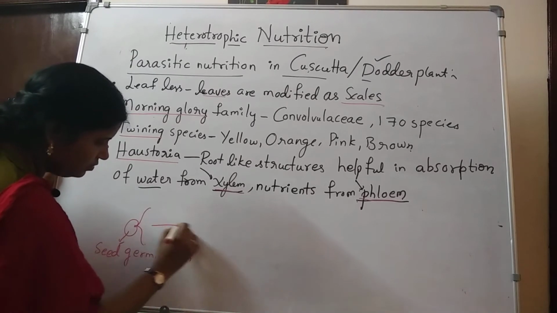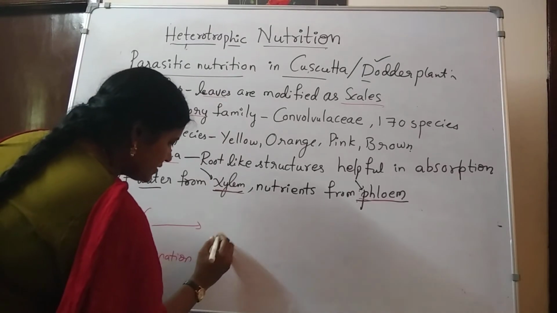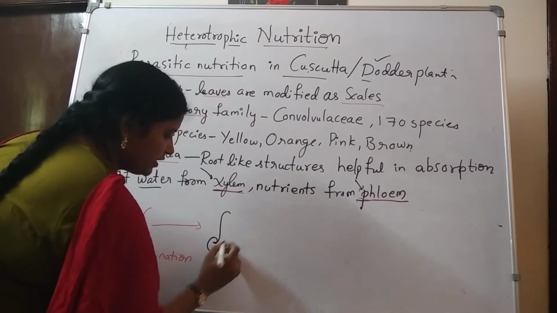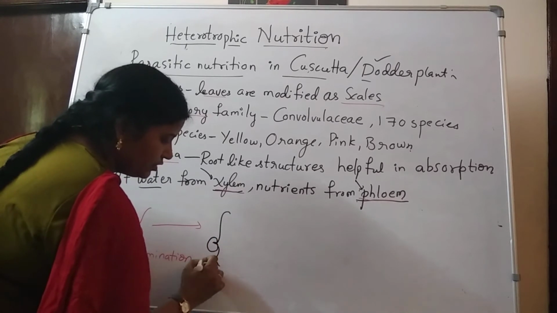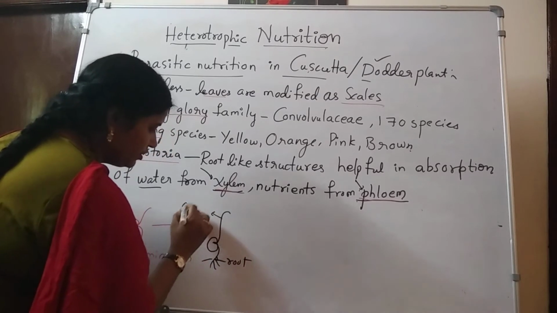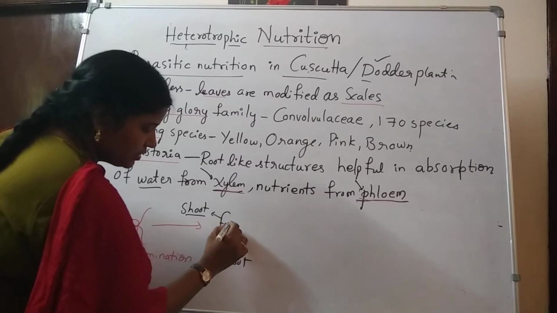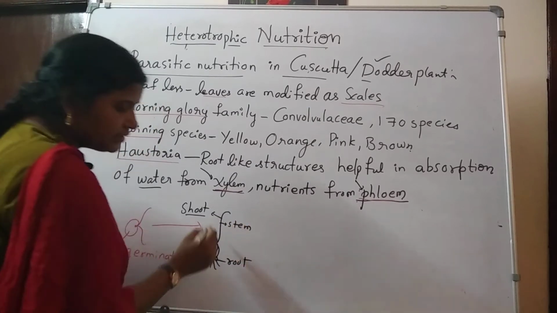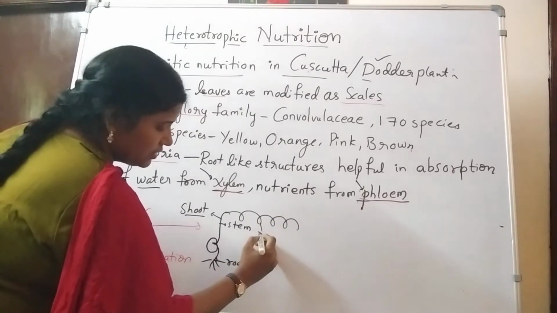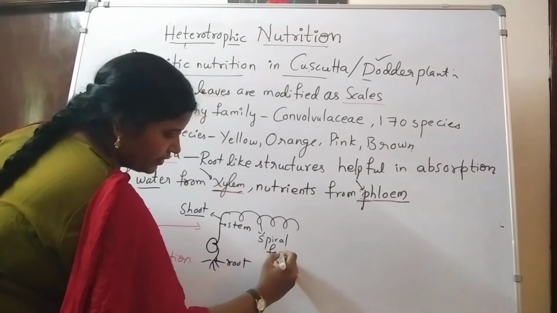Seed germination is over, now the shoot tip is developed, and downward it forms roots, and the upper part becomes the shoot. Shoot is nothing but the stem portion. How is the stem growing? The stem grows in a spiral fashion.